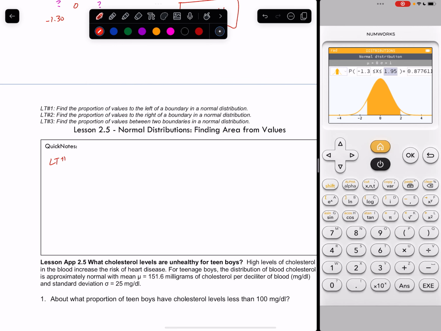So we have learning targets number 1, 2, and 3. So we had area to the left, area to the right, and the area between.